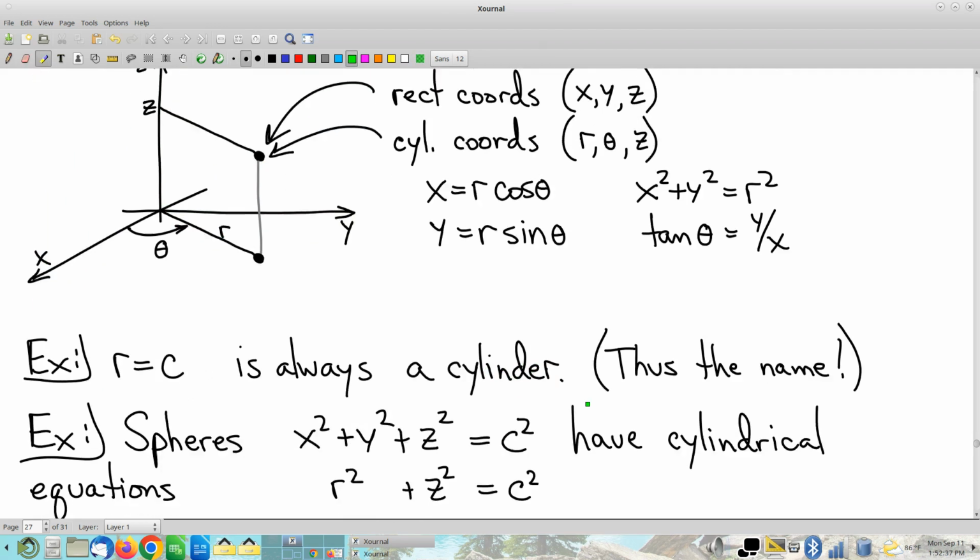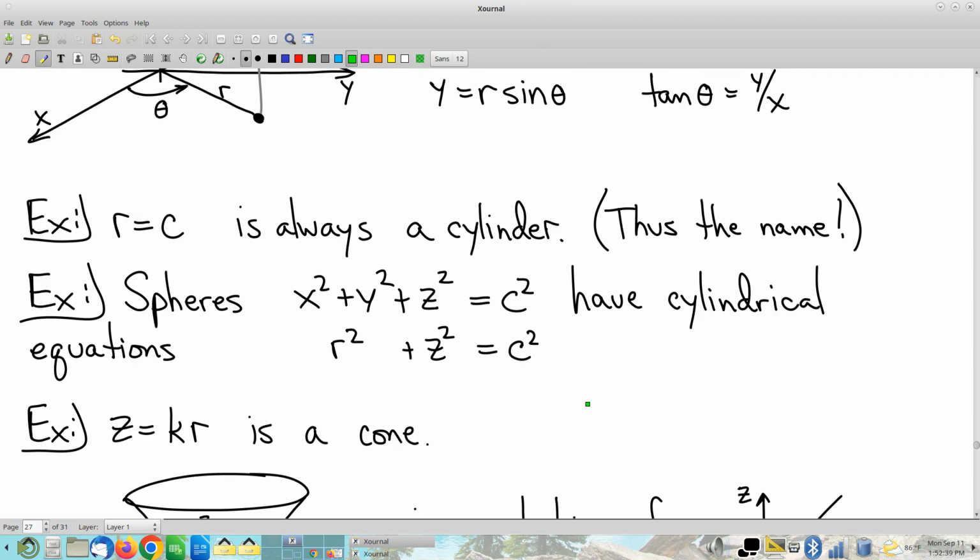Alrighty, let's see here. How about a sphere? Now, this is the equation of a sphere centered at the origin in rectangular coordinates. How would I convert this into cylindrical coordinates? Well, everywhere I see a rectangular variable that isn't a cylindrical variable, I've got to figure out how to convert that into cylindrical.